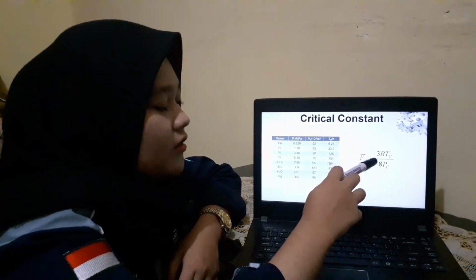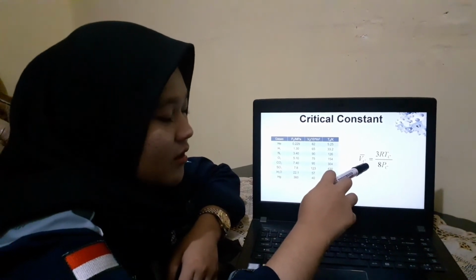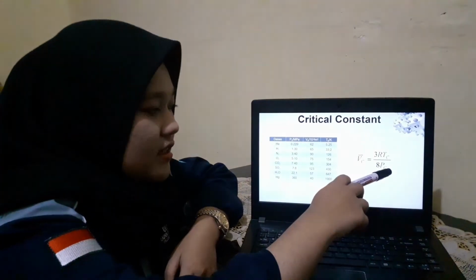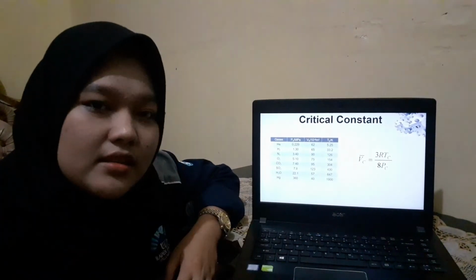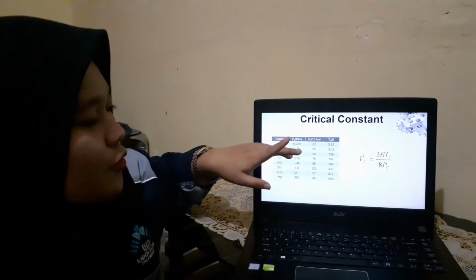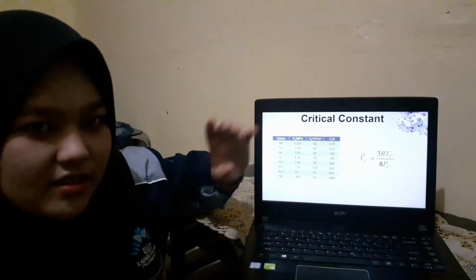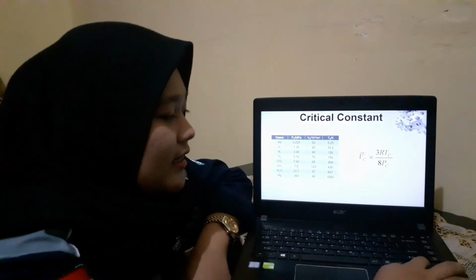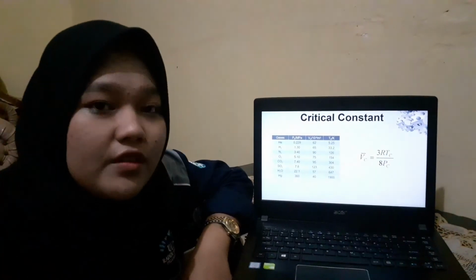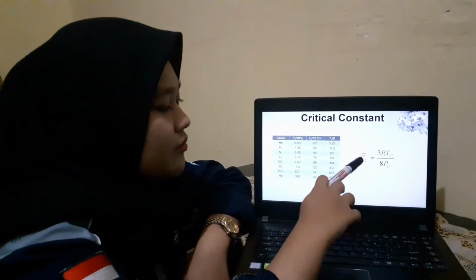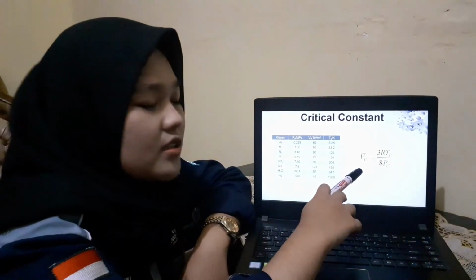The critical volume equals 3RTc divided by 8Pc. So like the ideal gas, PV equals RT, this is for the critical volume.